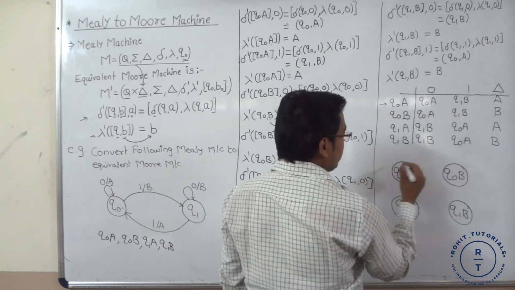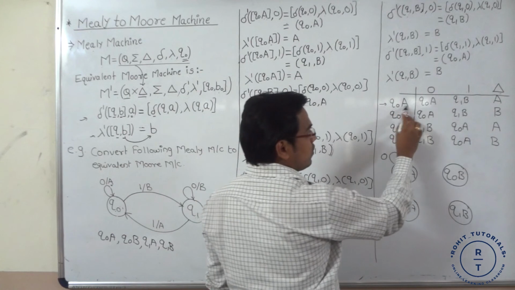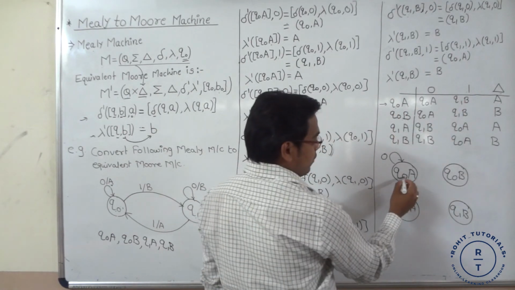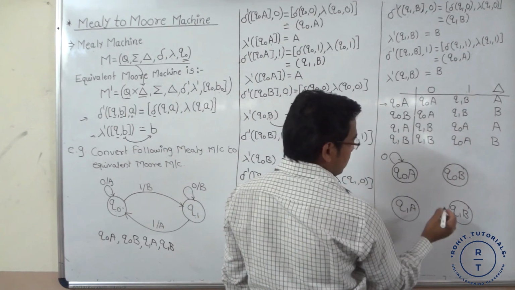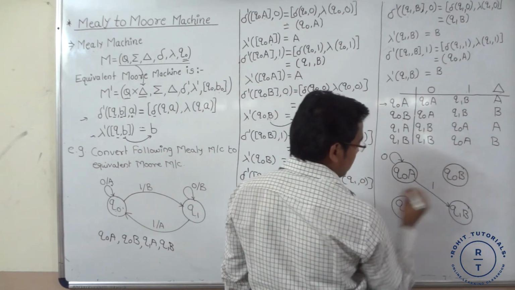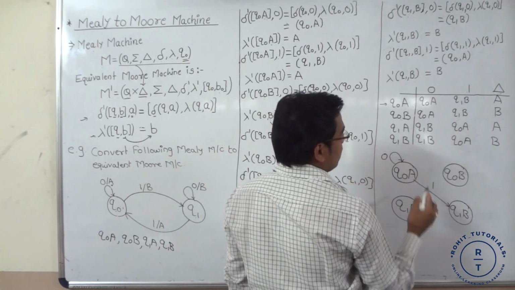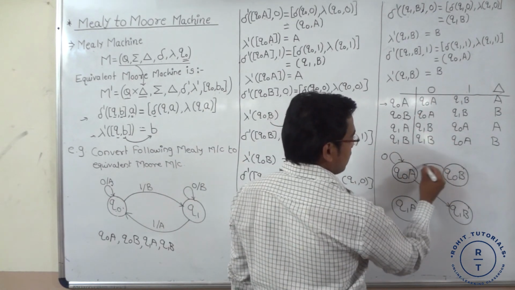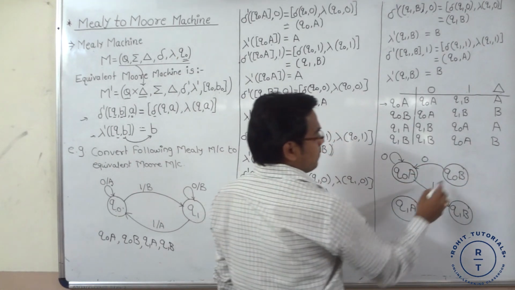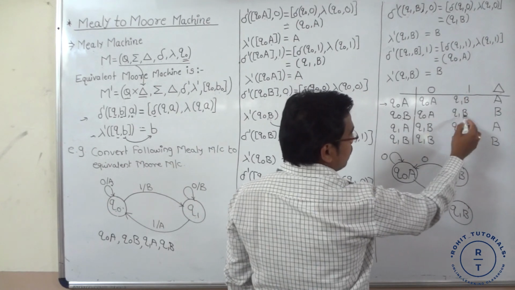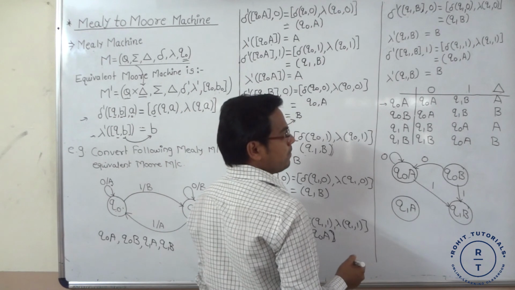Q0A state, when 1 occurs, it goes to Q1B. Next is Q0B state, when 0 occurs, it goes to Q0A. Q0B state, when 1 occurs, it goes to Q1B.